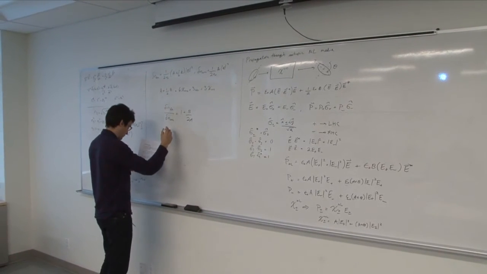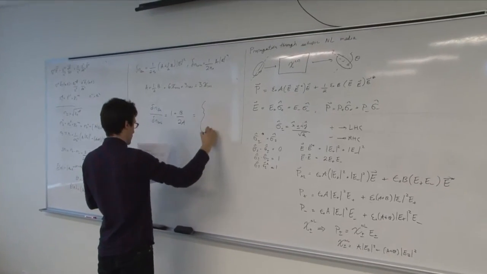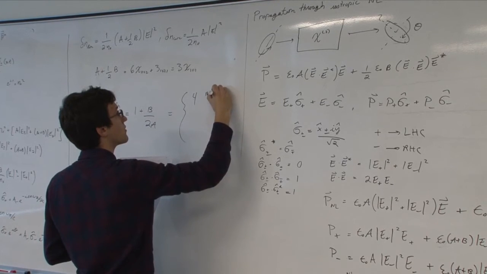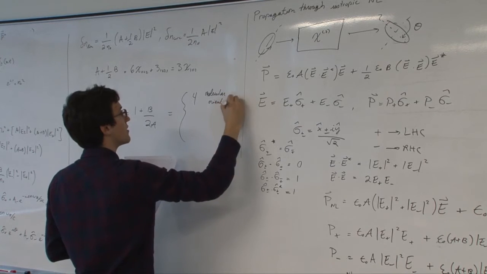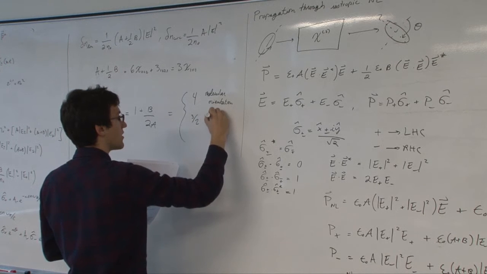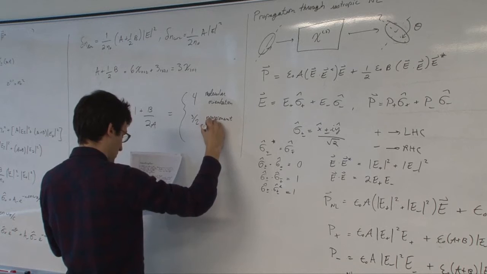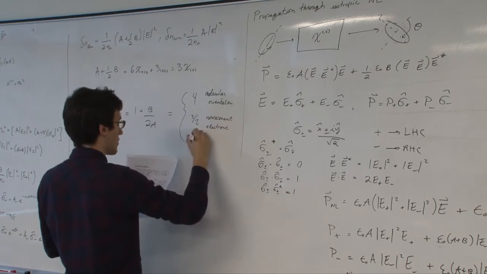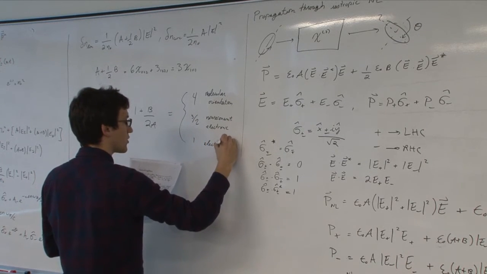It turns out that this ratio is equal to 4 for molecular orientation, it is equal to 3/2 for non-resonant electronic transition, and 1 for electrostriction.